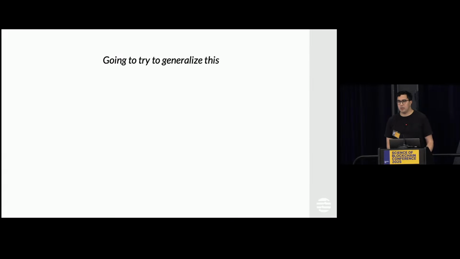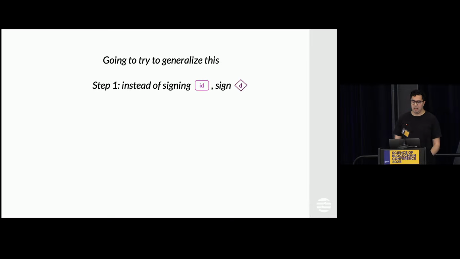So essentially, we're going to try to generalize this approach to our setting. For our first step, recall that instead of generating secret keys with respect to individual IDs, we want to generate secret keys with respect to digests that commit to whole sets of IDs. We're going to do that just by, instead of signing IDs, signing digests.